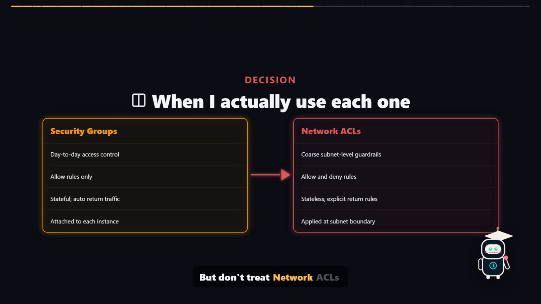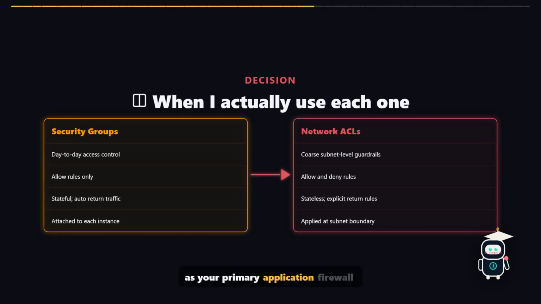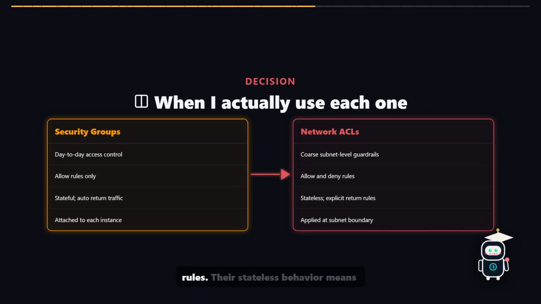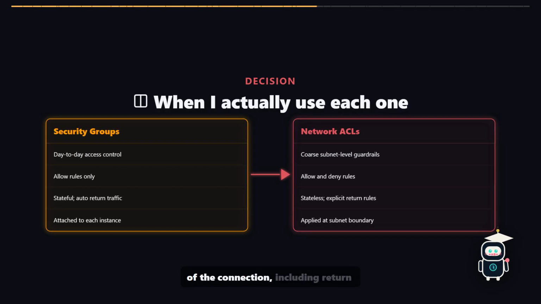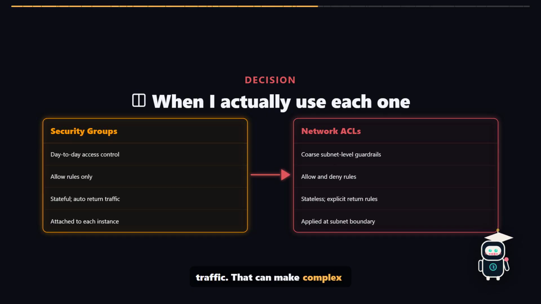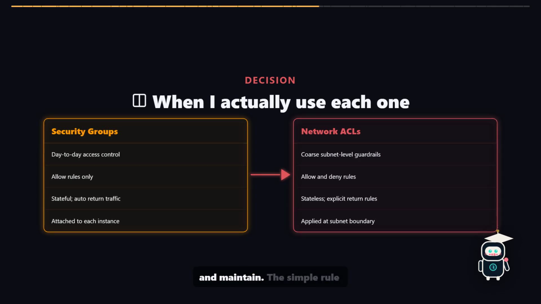But don't treat network ACLs as your primary application firewall just because they support deny rules. Their stateless behavior means you must manage both directions of the connection, including return traffic. That can make complex NACL policies harder to troubleshoot and maintain.